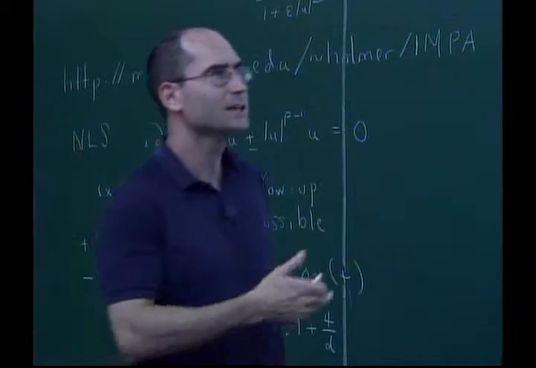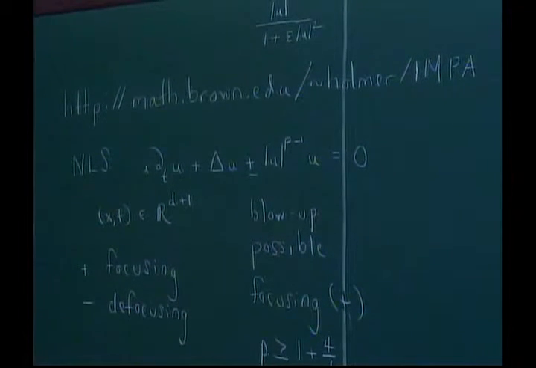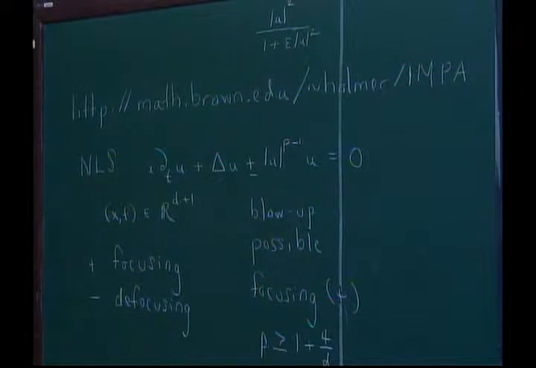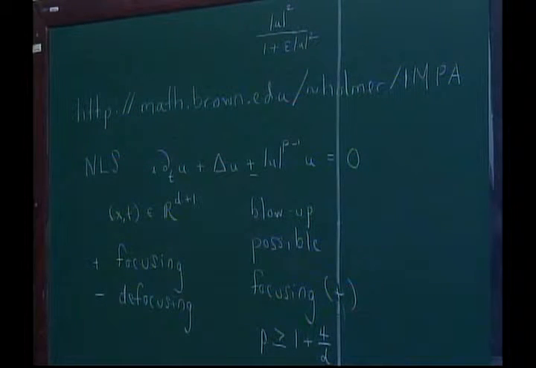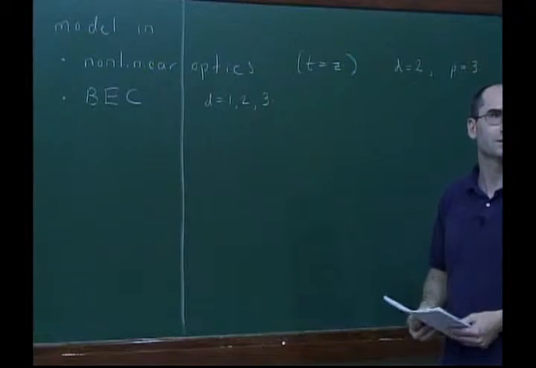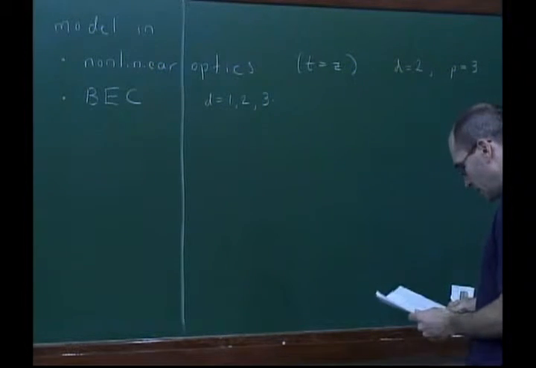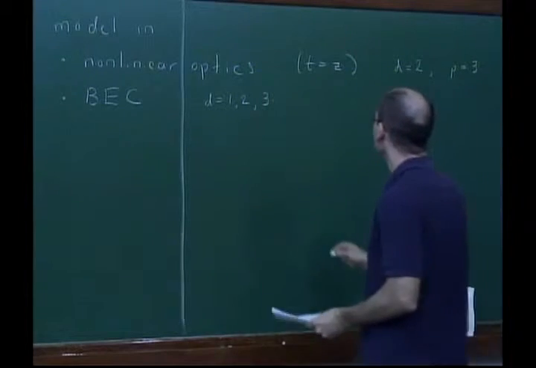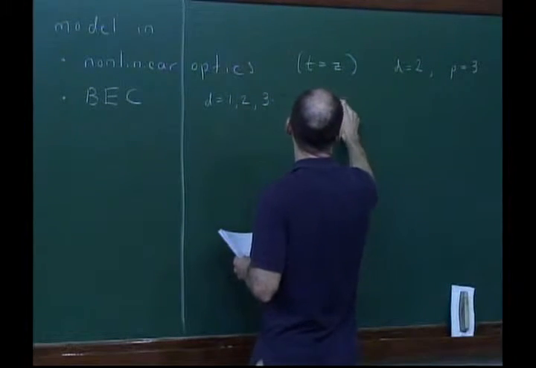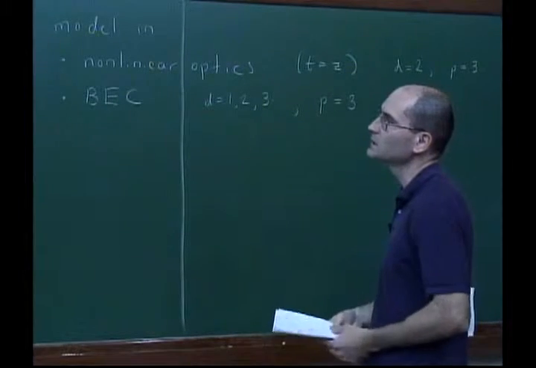In Bose-Einstein condensation, the dimension could be anything, actually, 1, 2, or 3. Initially it's dimension 3, except that if you include a strong confining in 1 or 2 spatial directions, you effectively reduce the dimension to 2 or 1. And the nonlinearity is 3, so it's usually cubic in the physical models.